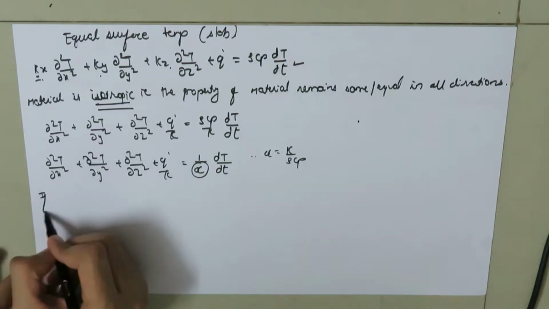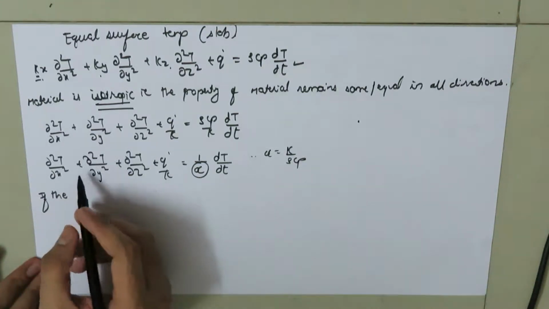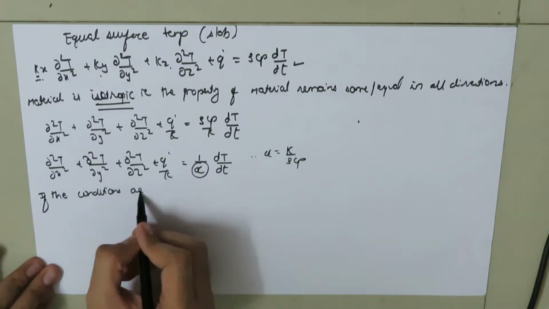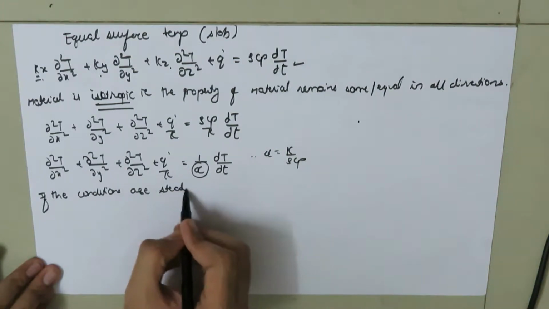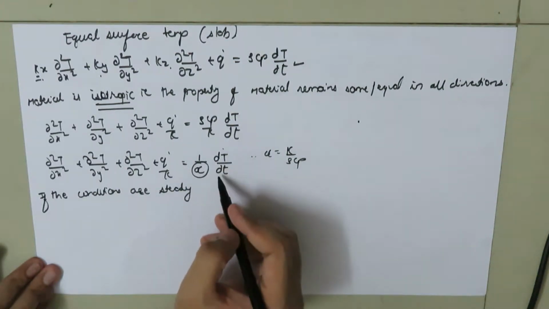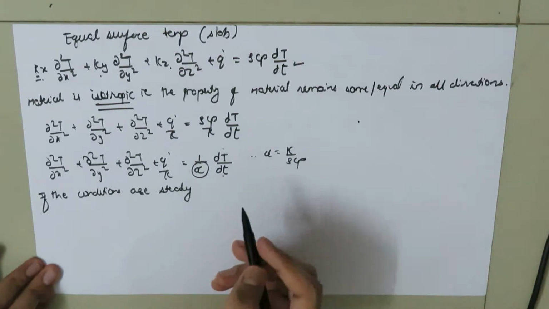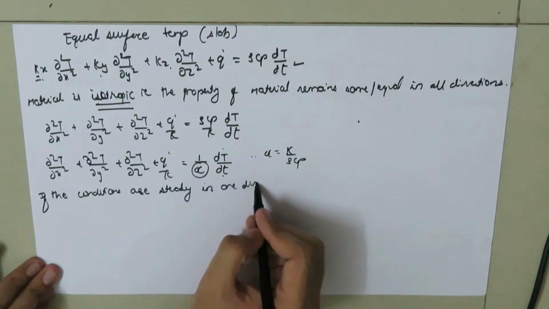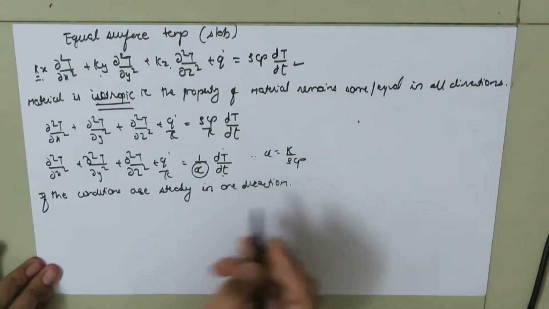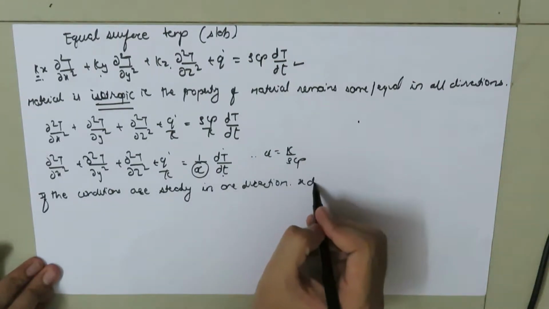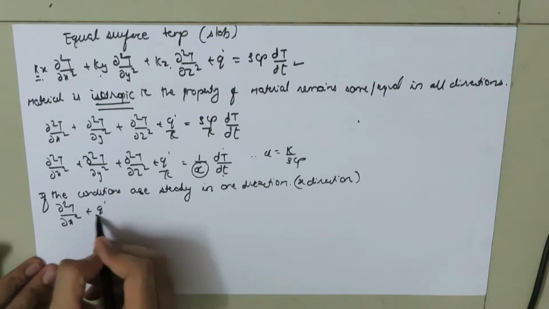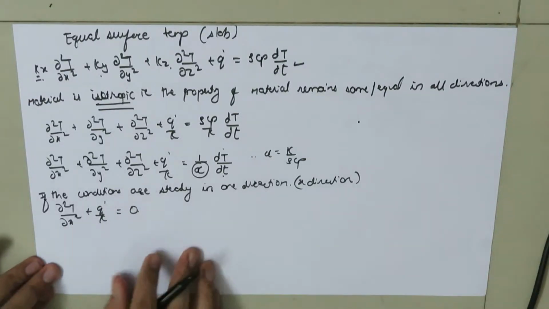So if the conditions are steady, then the change in temperature with respect to the change in time will be 0, and we'll consider this in only one direction, that is the x direction. So we get ∂²T/∂x² plus q dot by k, which is equal to 0.